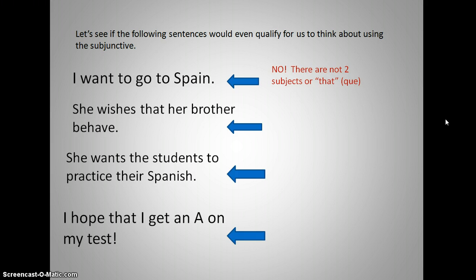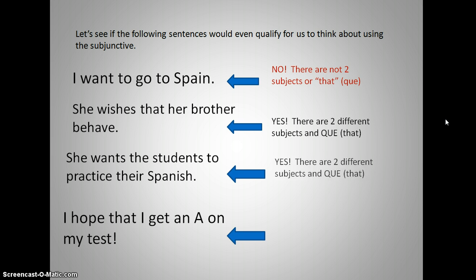So it does qualify to possibly use the subjunctive. The next one, she wants the students to practice their Spanish. We have two subjects and the conjunction word que. So it does qualify. How about the last one? I hope that I get an A on my test.